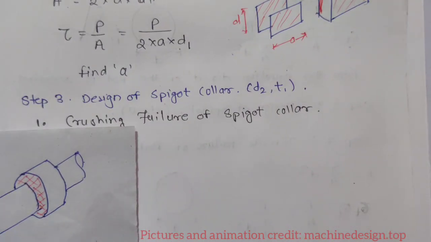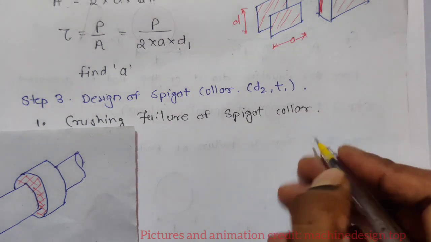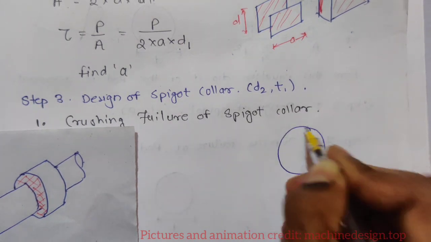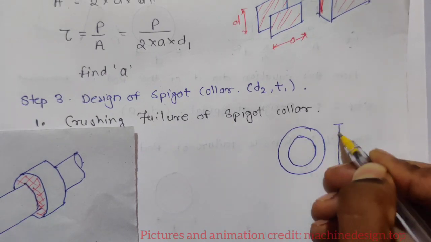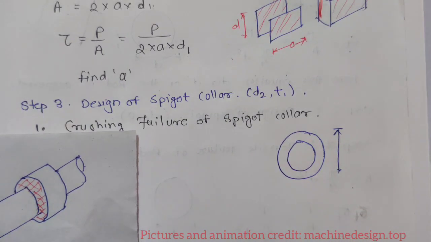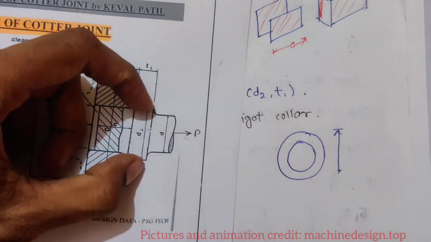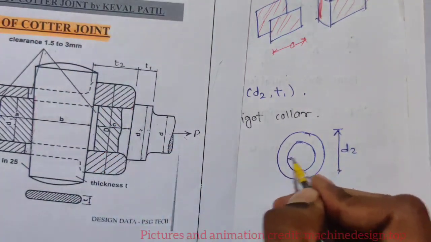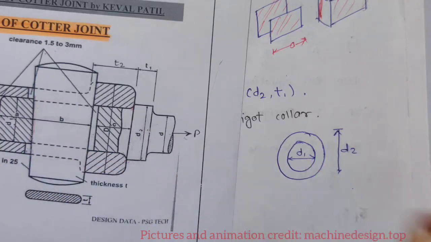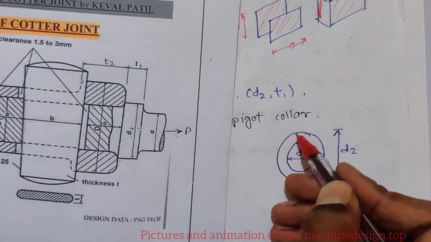So it is nothing but, this is diameter D2, and this is diameter D1. Okay, so what is the area?